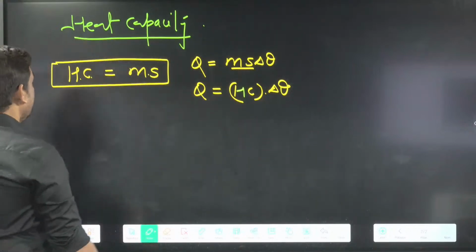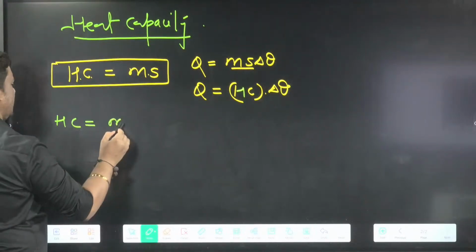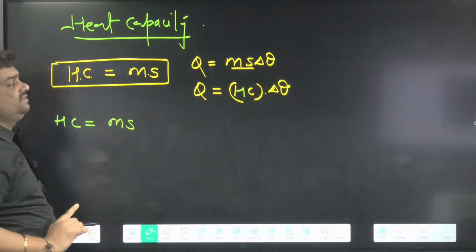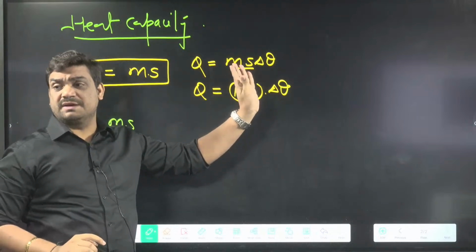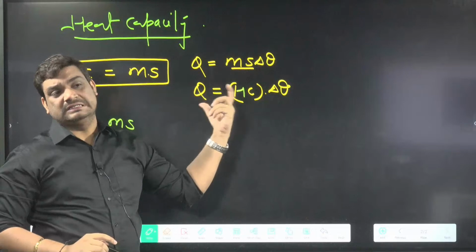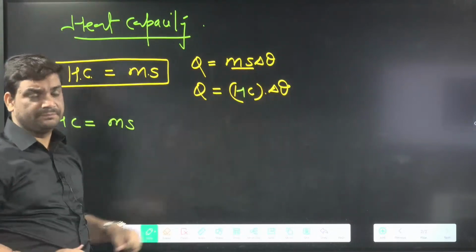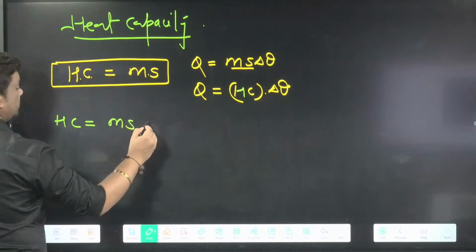Heat capacity is actually equal to ms. Most of the time I'm going to use ms delta theta. Sometimes in place of ms I can put HC, so Q becomes HC delta theta. Later on somewhere we'll use it.